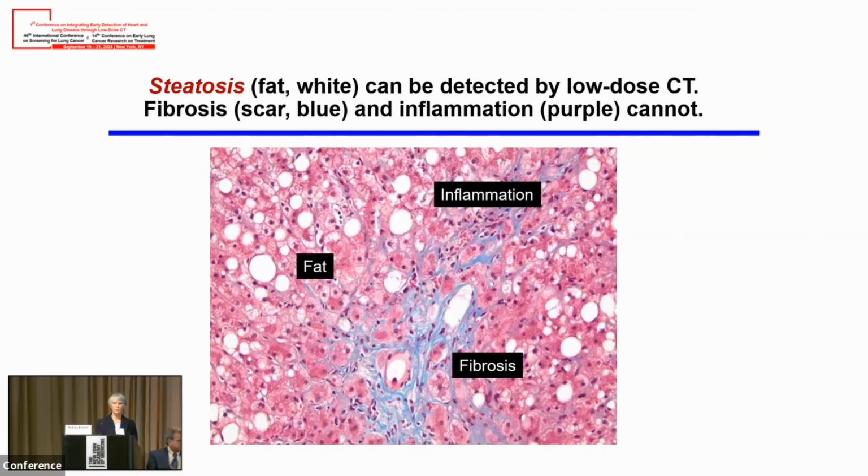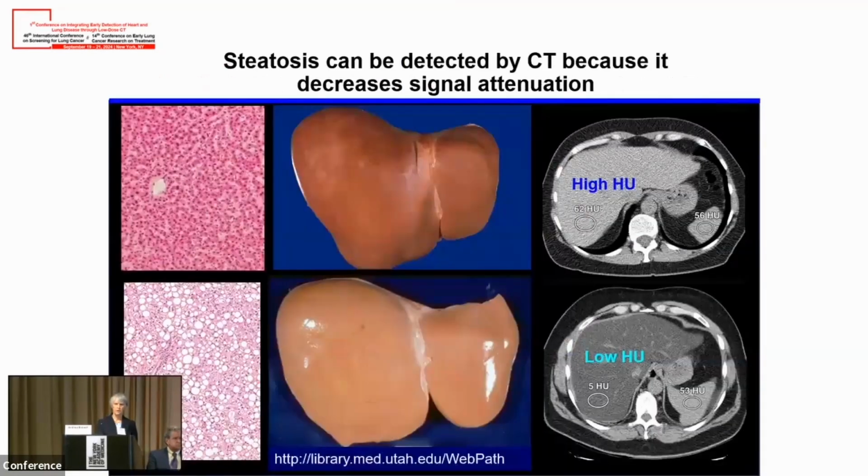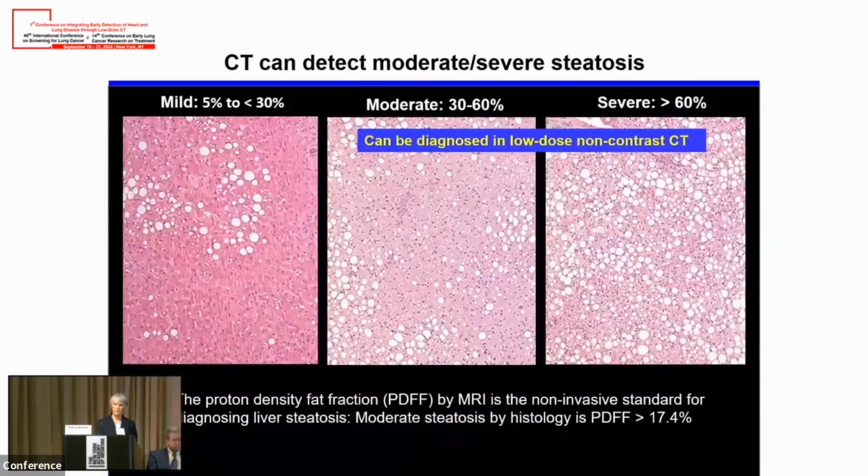Steatosis is the one component that can be identified in low-dose CT scans. And the reason for that is because fat in the liver decreases the signal attenuation and allows moderate to severe steatosis to be identified. Moderate to severe steatosis is defined as macrovesicular lipid droplets in 30% or more of the hepatocytes.